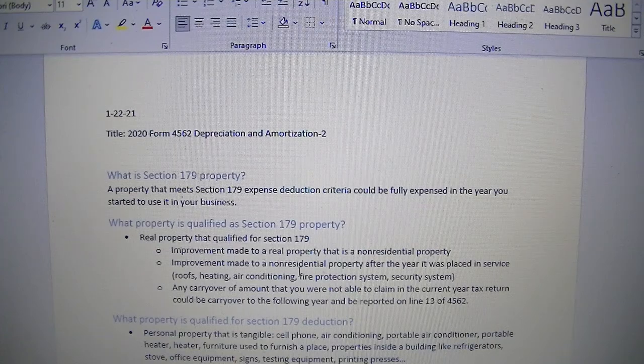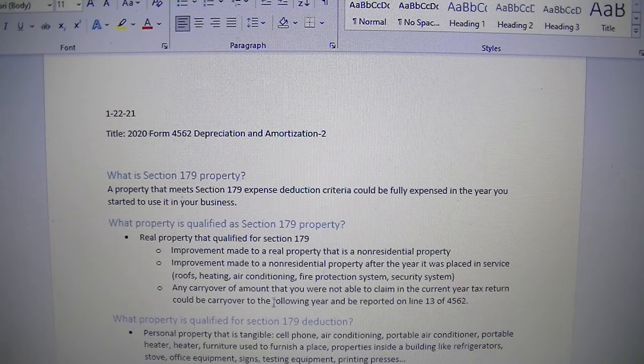If you place a non-residential property in service and years later you make an improvement to it, like adding a roof or heating or air conditioning, those improvements could qualify for Section 179 property. So you have roof, heating, air conditioning, fire protection system, and security system.